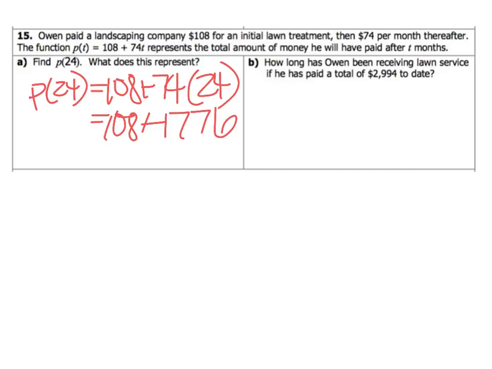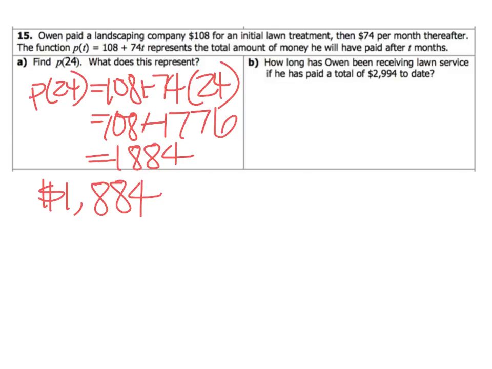Then we add them together and we get 1,884. So what does this represent? What this is saying is that it's going to cost us $1,884 is the total he's going to pay for 24 months of lawn service.